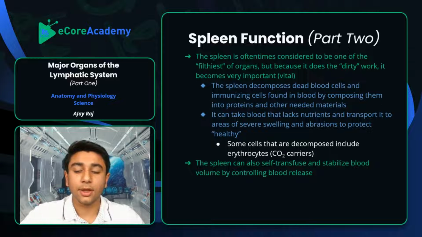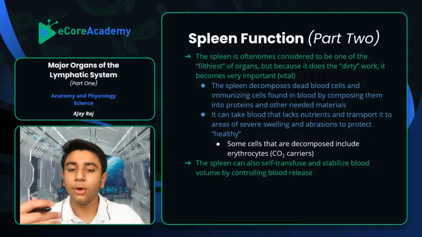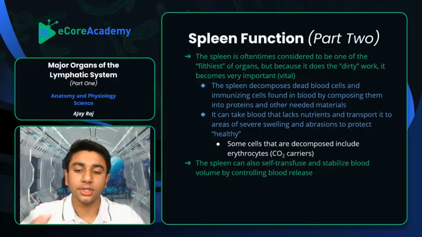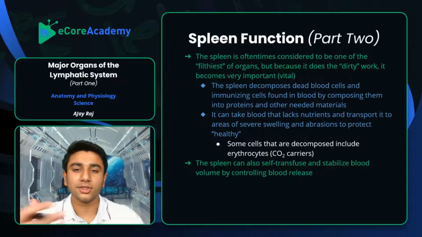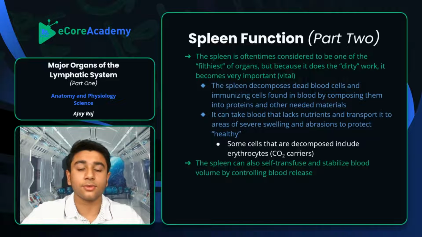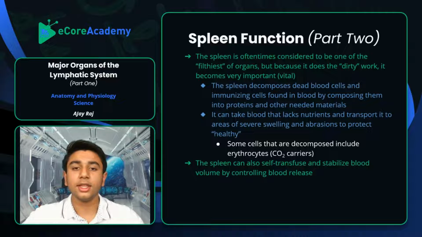So, the spleen is considered to be the filthiest organ because of the fact that it houses and decomposes dead blood cells and immunizing cells found in blood by composing them into proteins and other needed materials. So it's really just a graveyard essentially, and it utilizes those dead corpses of these cells to actually construct and produce good things for the body, such as proteins that need to be involved in synthesis and making new materials and new nutrients that need to be transported back into the body.